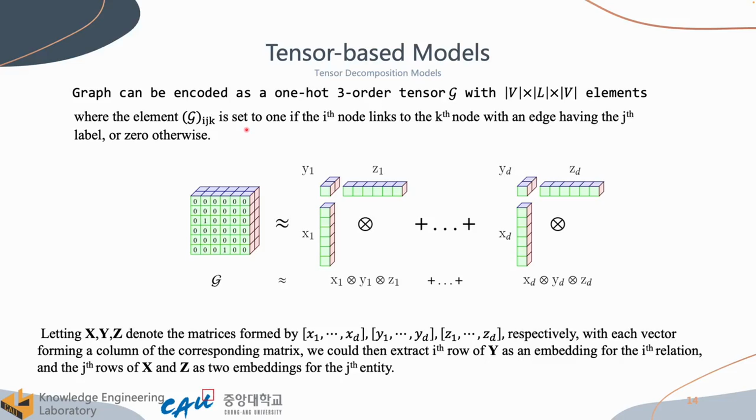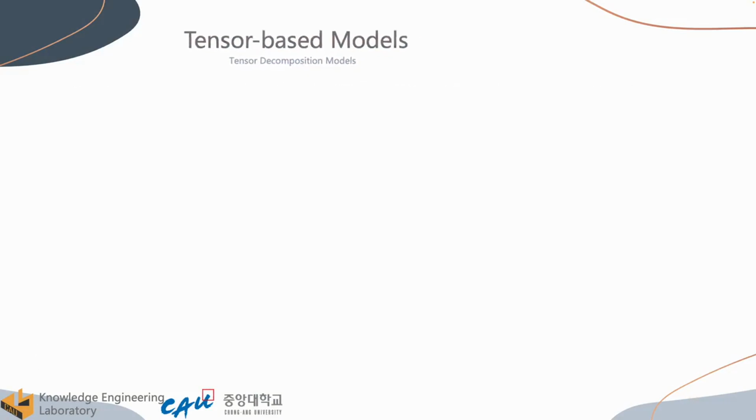Letting x, y, z denote the matrices formed by these vectors, respectively, with each vector forming a column of the corresponding matrix. We could then extract the jth row of y as an embedding for the jth relation, and the ith row of x and the kth row of z as two embeddings for the ith entity.